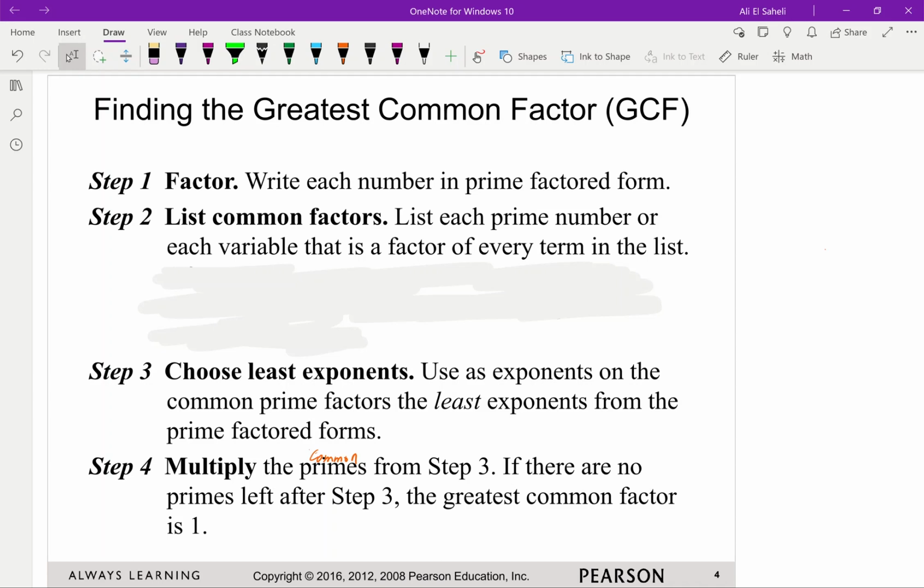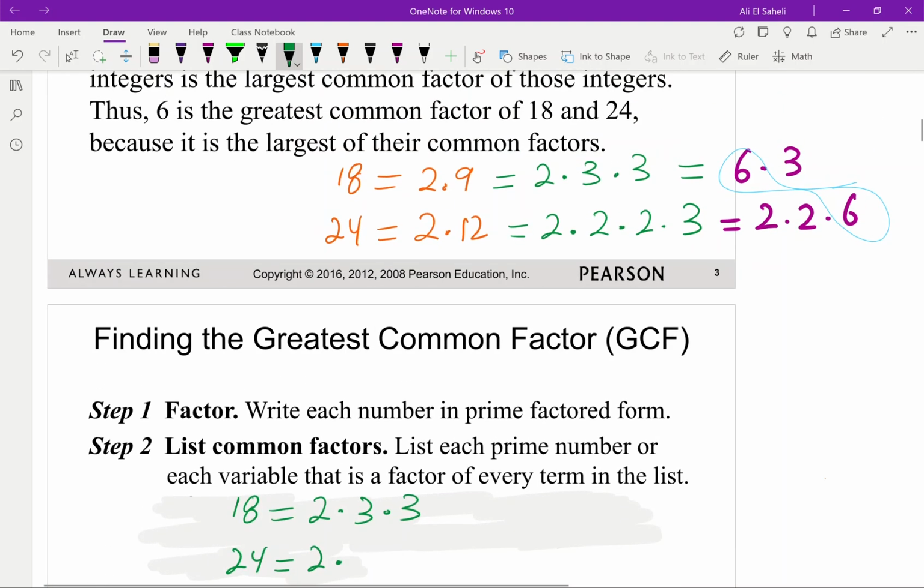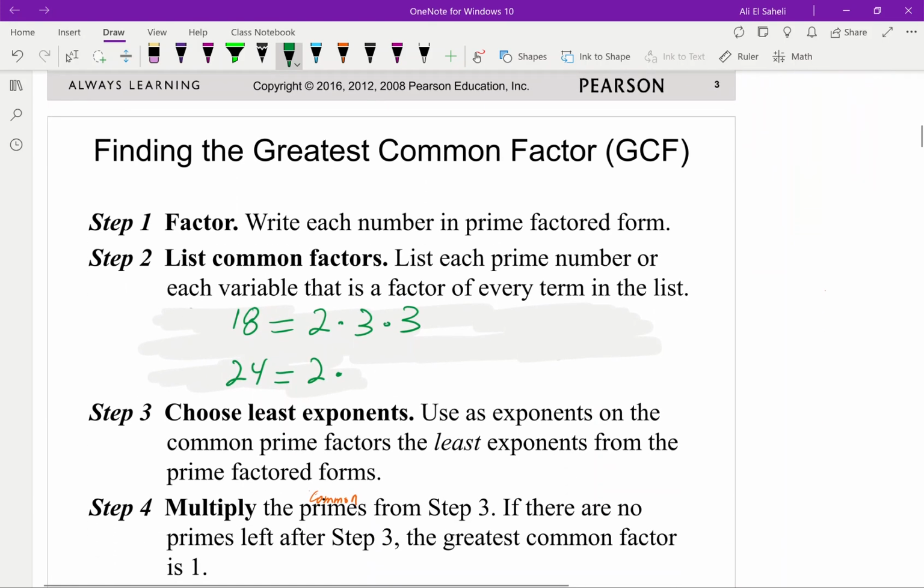Going back to our example, so we had 18 equals 2 times 3 times 3. 24 equals 2 times 2 times 2 times 3, which is 2 to the power 3 times 3.